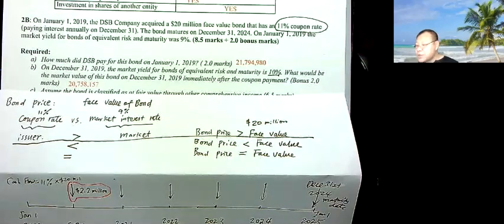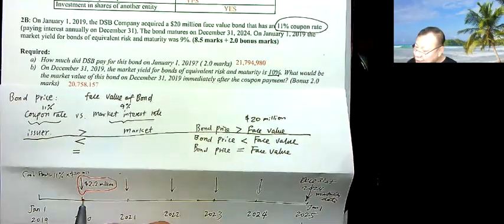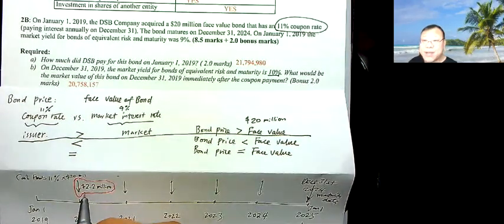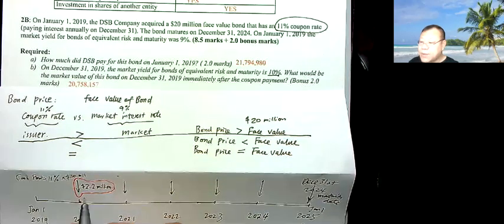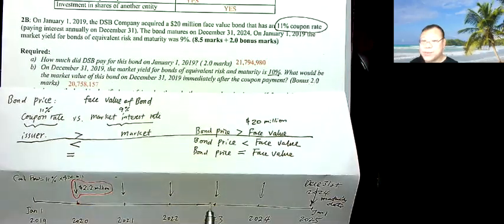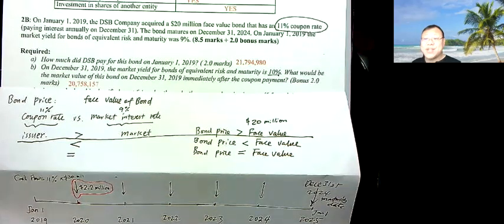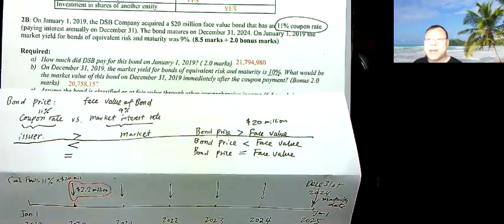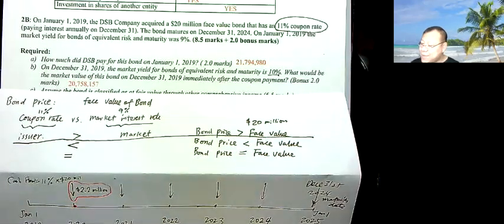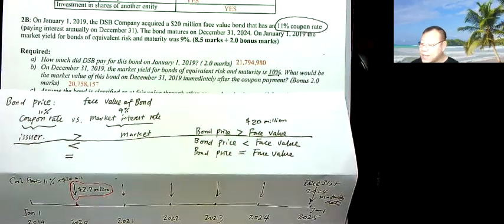Okay. So now you are here, right after this coupon, this interest payment. At this time, there are only 5 interest payments left for the investor, whoever buys this bond. So N at this time is not 6 anymore.